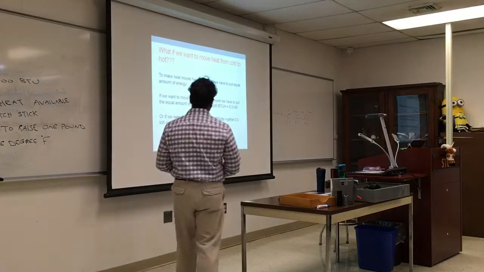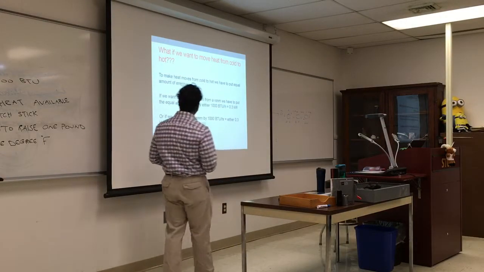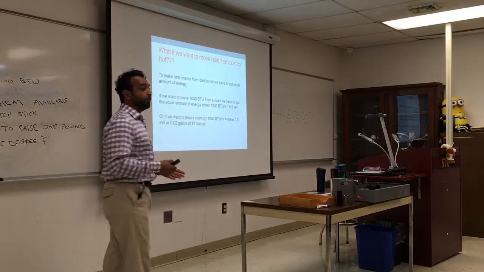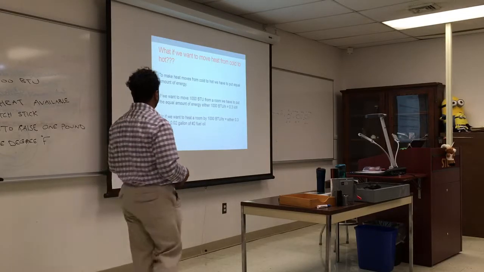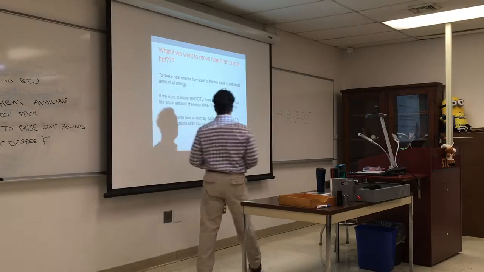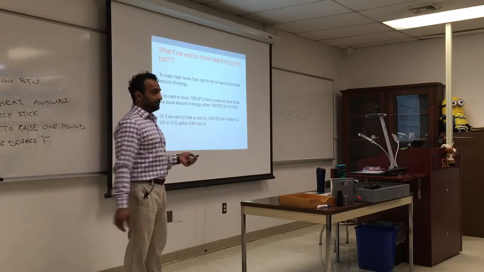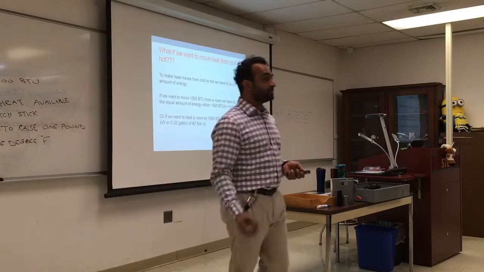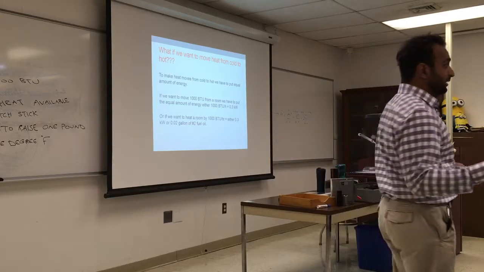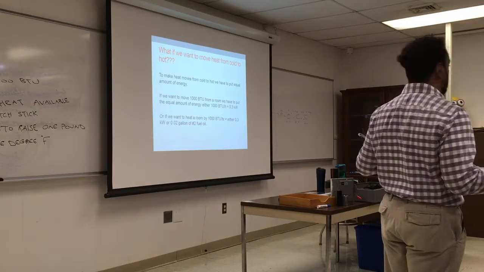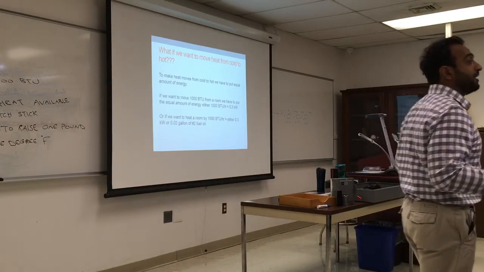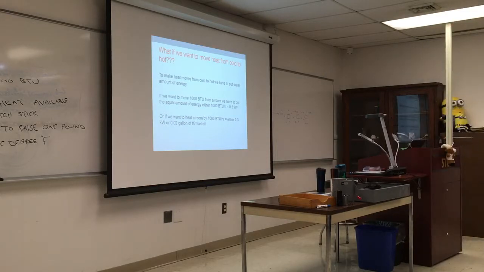So if we want to move heat from cold to hot, we have to put in an equal amount of work. If we want to move 1,000 BTU from a room, we have to put in an equal amount of energy in kilowatts, which is electricity conversion. If you have a 100% efficient compressor, it's going to be the same, but that's not going to happen.